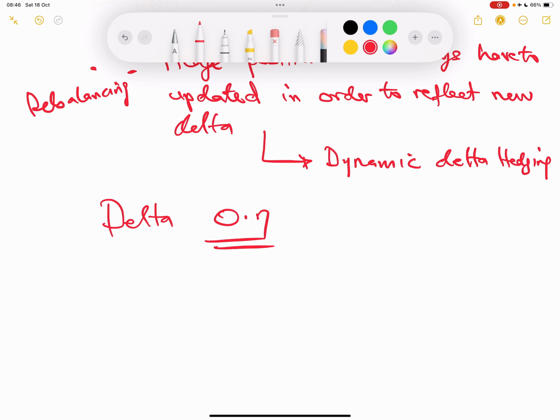And how do we do that? We need to focus on our asset. We don't touch our option contract. We'll either buy more asset or sell some of our asset to balance our portfolio. What we know for sure is that currently we have 200 short calls and 100 long shares.